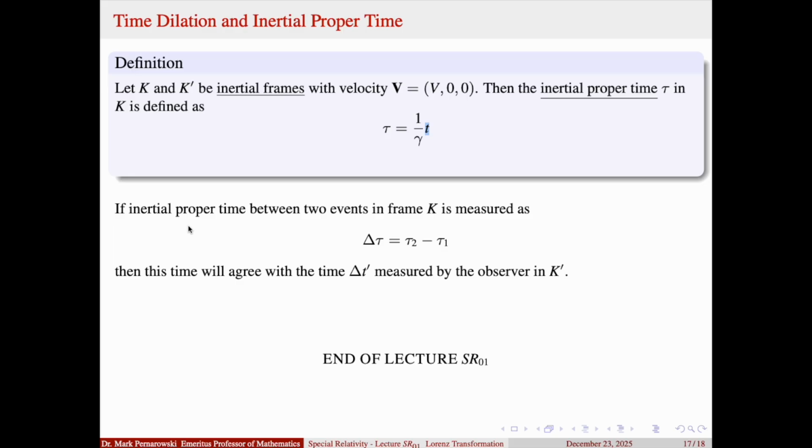So if you have this tau time, then a difference in tau will agree with the difference in t prime in K prime.